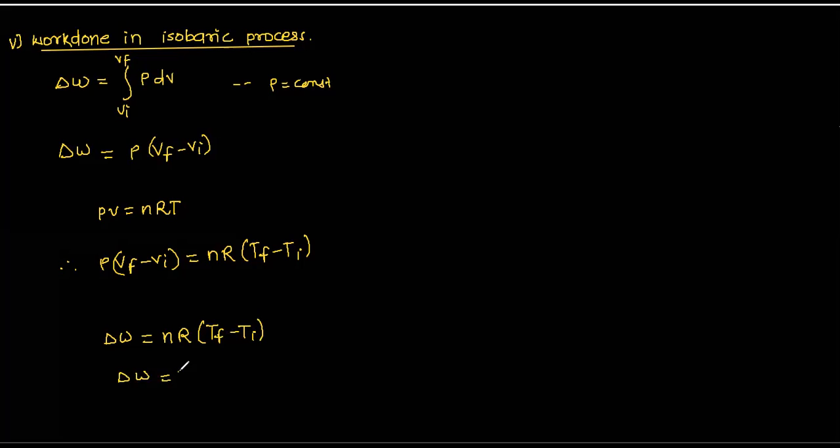Therefore delta W is equal to nR into (final temperature minus initial temperature), that is delta W is equal to nR delta T. So you can use either formula, P delta V or nR delta T, according to the problem. Clear?